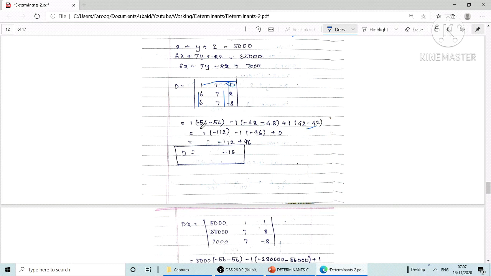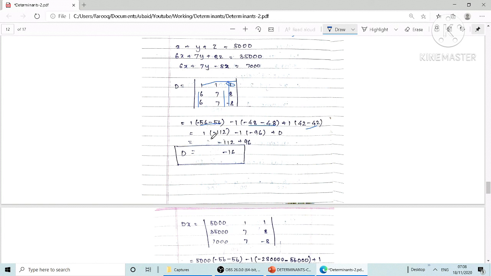Then we will solve this bracket: minus 56 and minus 56, a minus sign will come and we will add these numbers. Then here minus 48 and minus 48, here also we will add these numbers and put a minus sign. 42 minus 42 is 0. So minus 112 and minus 96 we have got when we add these brackets.